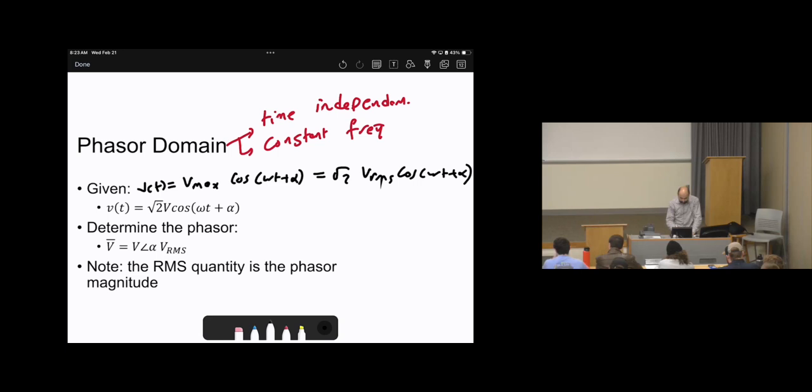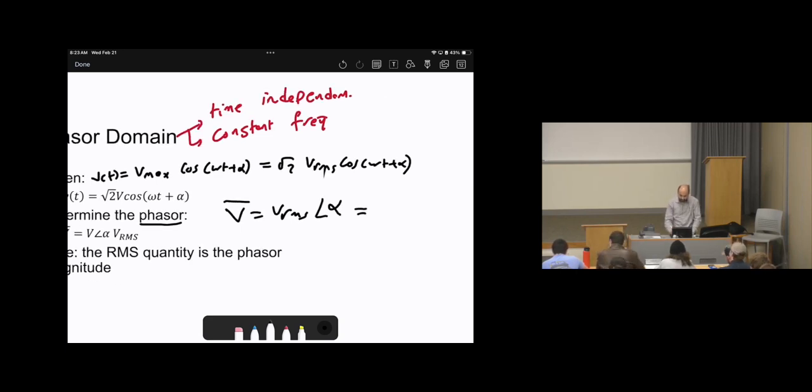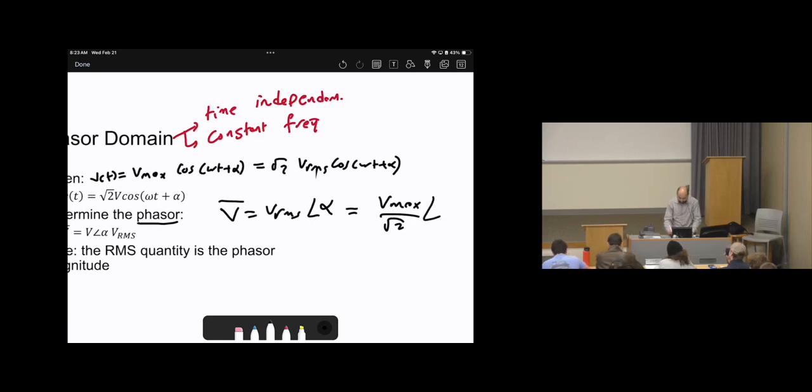Then, to convert this voltage to the phasor domain, it will be V bar equals V RMS angle alpha, or if we have the max representation, V max divided by square root of 2 angle alpha. If you have the max representation, divide by square root of 2. If you have the RMS, it will be the RMS alone.